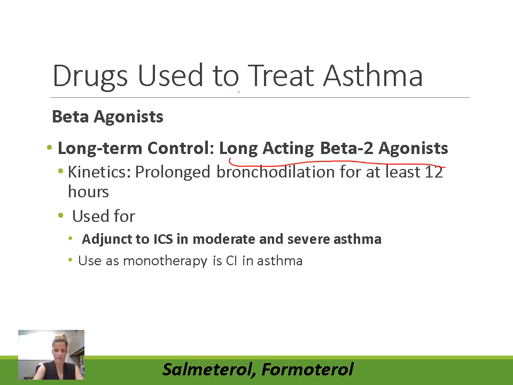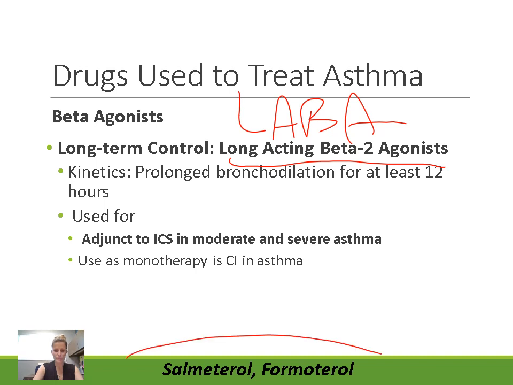Long-acting beta agonists, or LABAs, include drugs like formoterol and salmeterol. These, again, are primarily for long-term control in asthma. And I'll say this again, the long-acting beta agonists are used as adjuncts to inhaled corticosteroids in moderate and severe asthma.